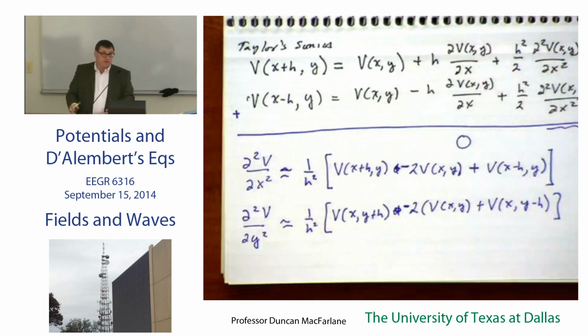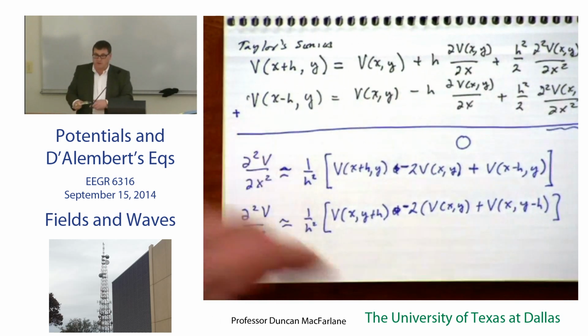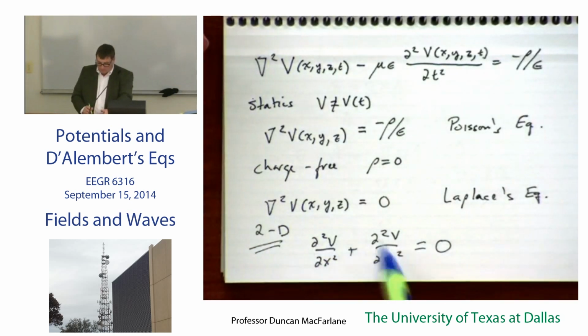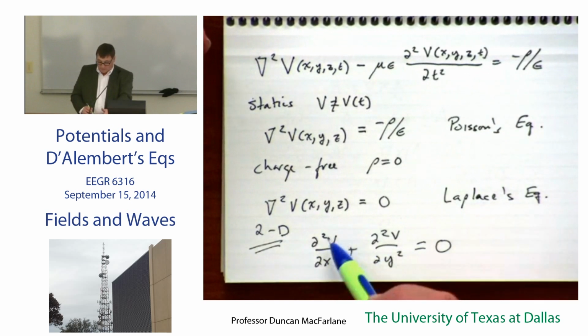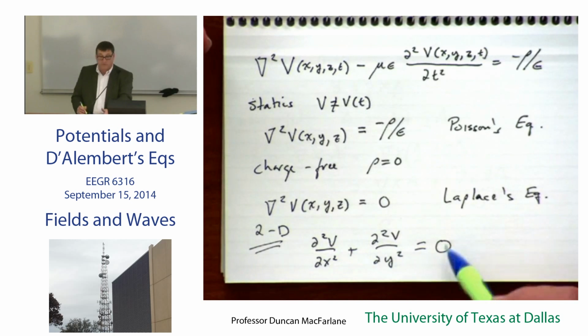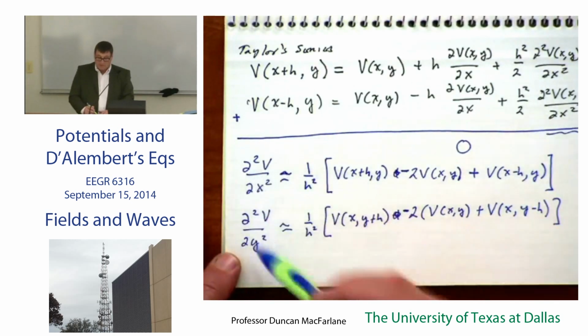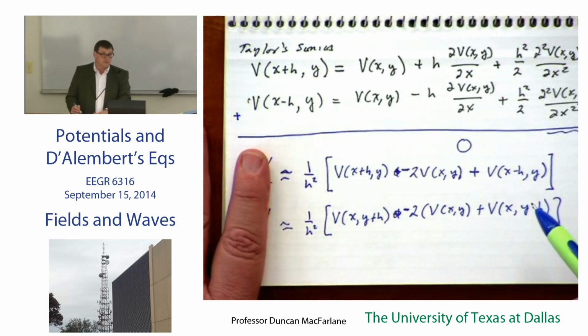Now, I could do this in a third dimension just as easily, but it's just kind of too much bookkeeping. So now, if you remember your Laplace's equation, del squared v, del 2v del x squared plus del 2v del y squared is equal to 0. So if I add these together, the left-hand side goes to 0.